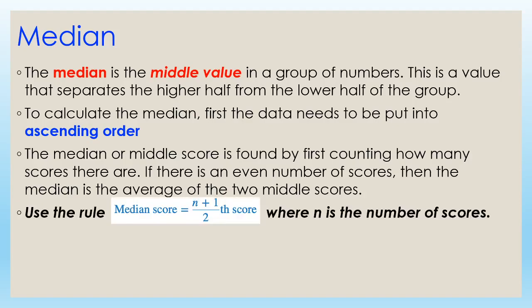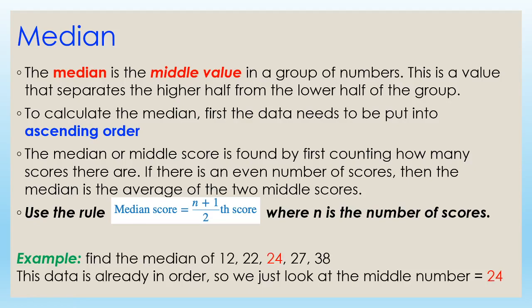So we use this rule, median equals n plus 1 divided by 2, to work out which numbered score to look at. Using our example from before, 12, 22, 24, 27, 38, it's easy to see here that the middle number is 24. But we can use this calculation here.